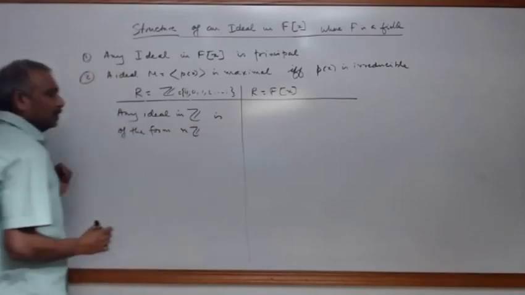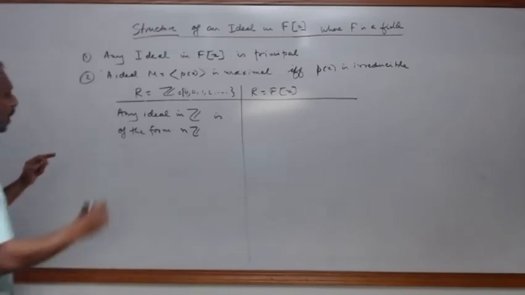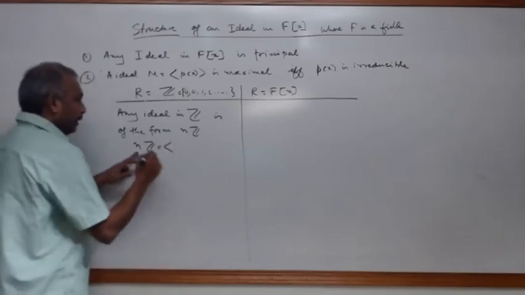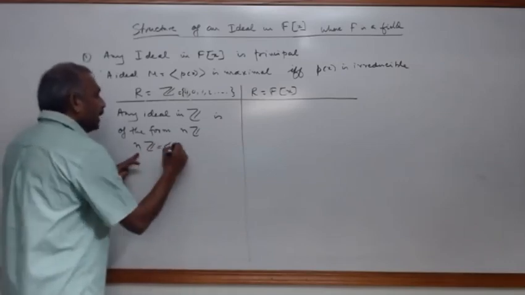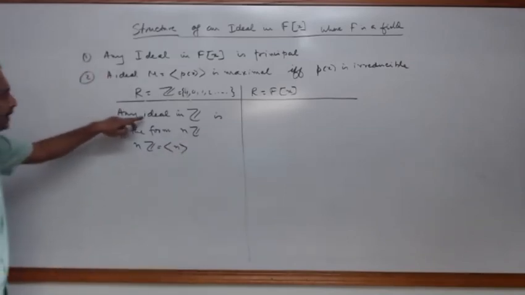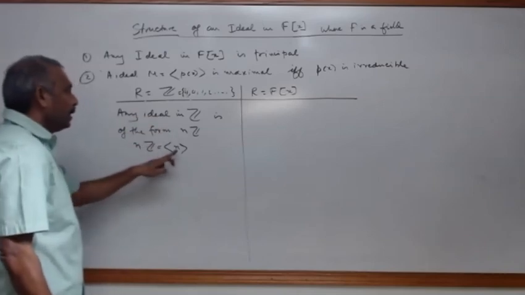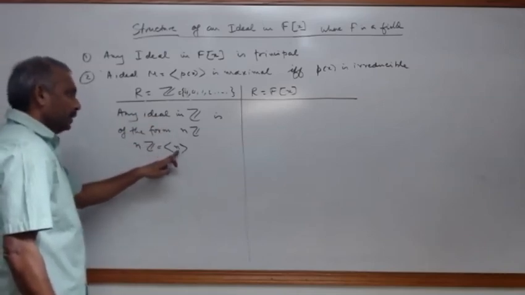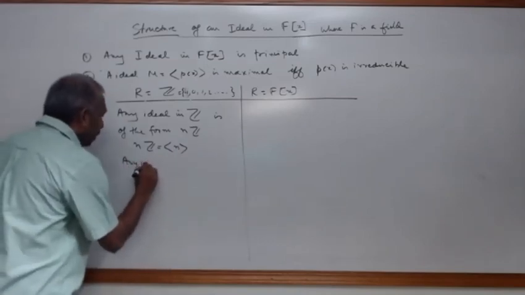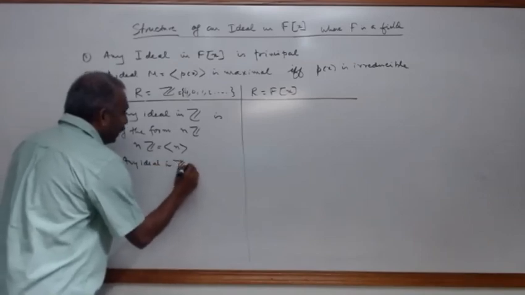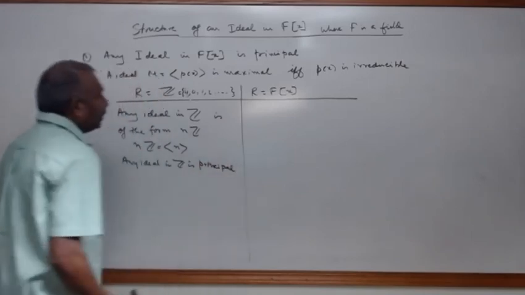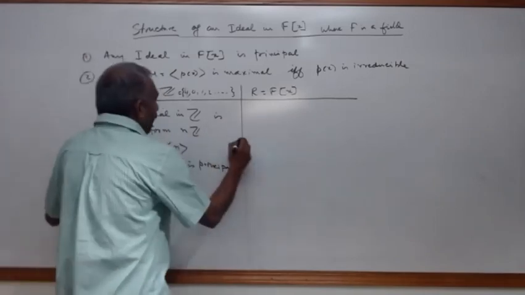We already noted this earlier. And what is nZ? It is the principal ideal generated by n. So here any ideal is generated by an integer. So that means any ideal in Z is principal.